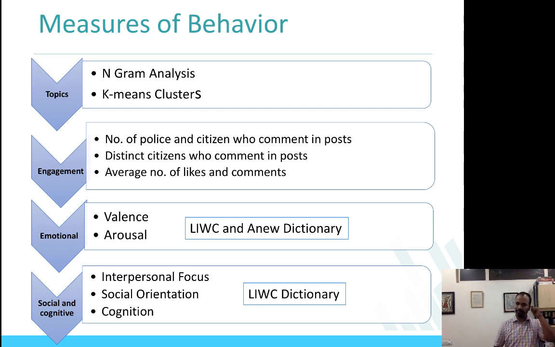It has been very frequently used in analyzing text content, specifically within these categories that LIWC has. I think it has about 35 or 37 categories. If you are interested in looking at the categories in the text that was posted, LIWC could actually give you that. And similarly, there is also an ANU dictionary.